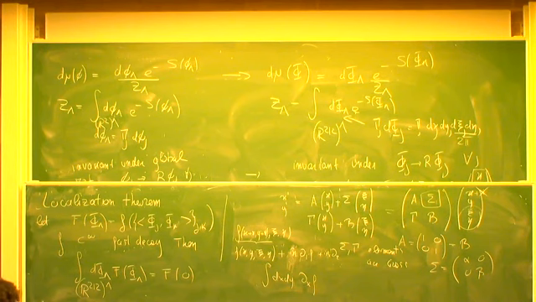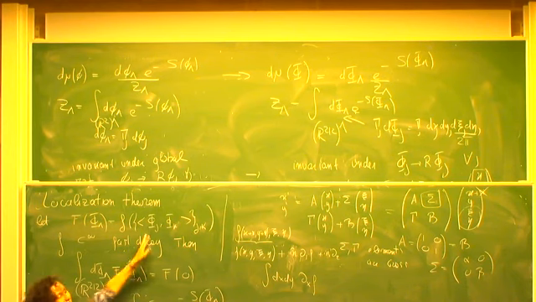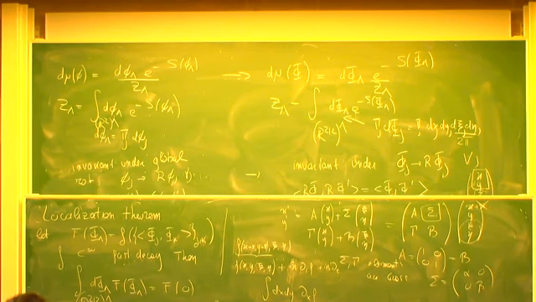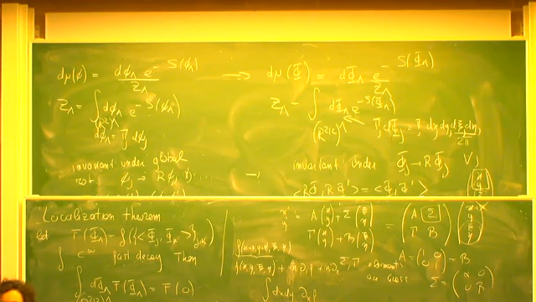Let's see a simple consequence of this. Let's take the partition function. Well, we have seen that the partition function is just made with this inner product, scalar product, a generalization, and it's invariant under global rotations.